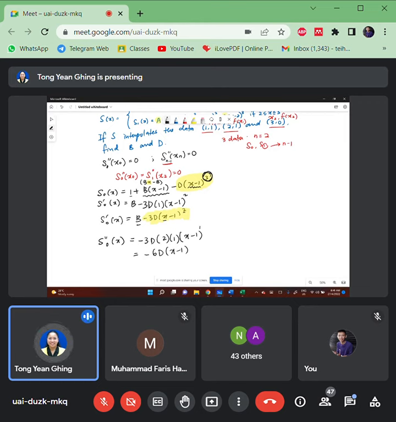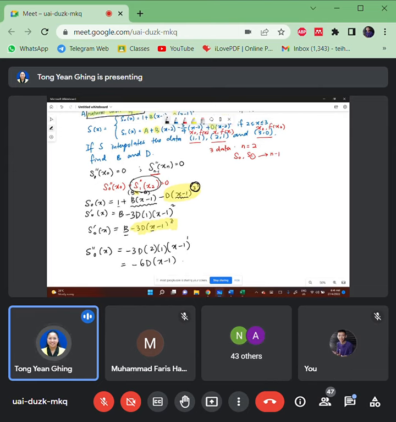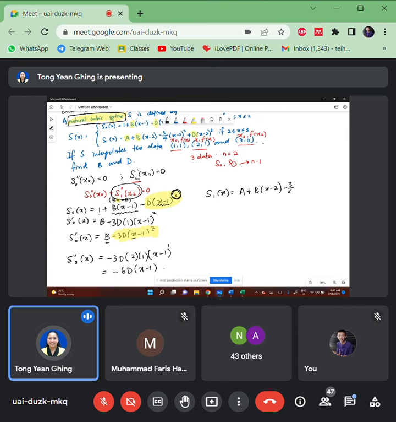Now this one have to be equal to 0, okay? Sekarang saya buat yang ni dulu boleh. I do this one. Second derivative of the S1. Okay, so start with the just now S1. S1 x equal to A plus B x minus 2 minus 3 over 4 x minus 2 square plus D x minus 2 power of 3. Now, I want to do the first derivative.